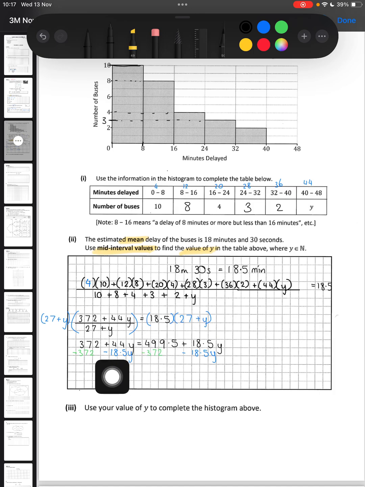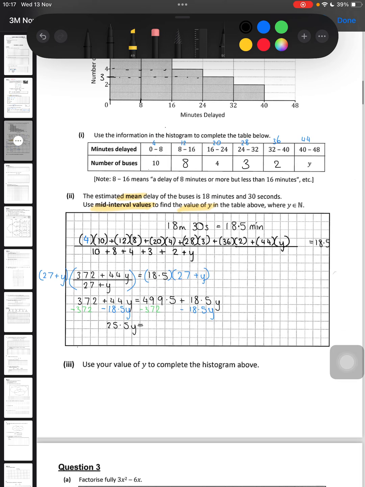So 44y minus 18.5y is 25.5y, and that's going to be equal to 499.5 minus 372, so 127.5.